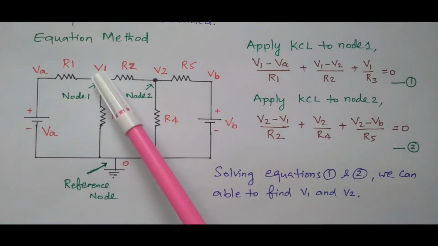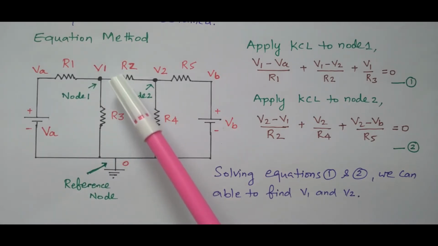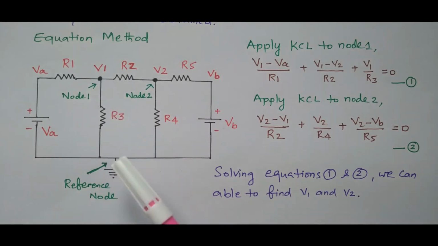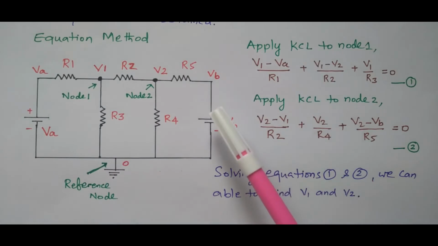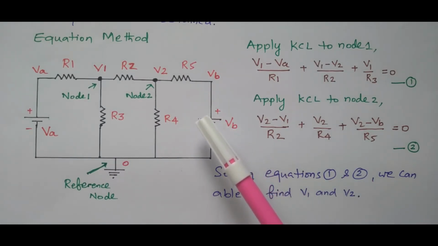If we add all the currents, one may be incoming and one outgoing, so the total current is 0. That is given by Kirchhoff's current law.